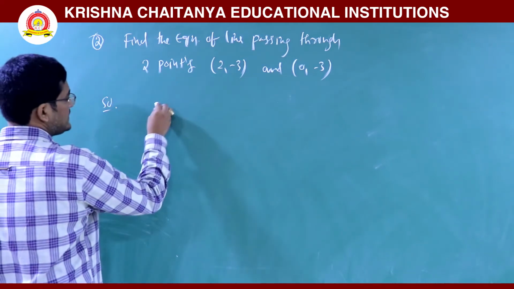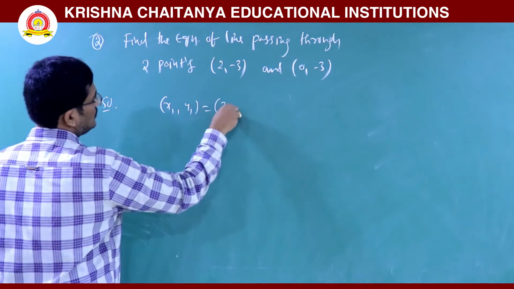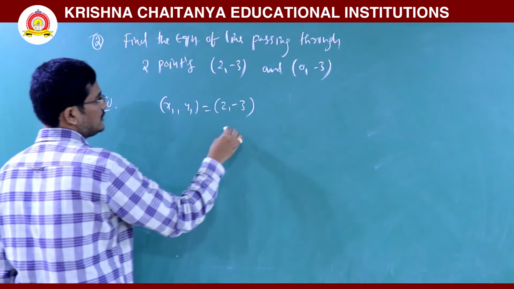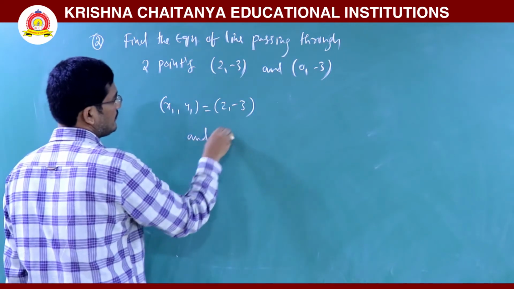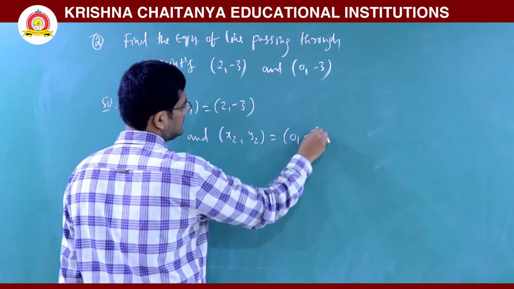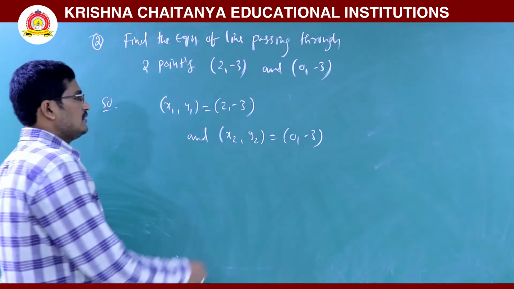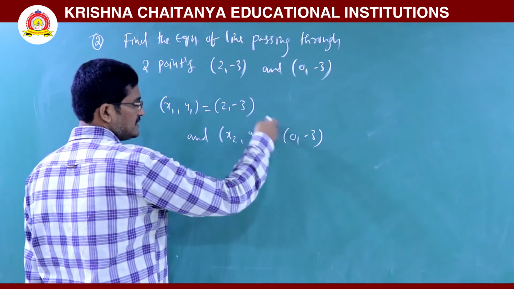So what are the given points? The first one (x1, y1) is (2, -3) and (x2, y2) is (0, -3). These are the 2 points given in the data. We have to find the equation of the line passing through these 2 points.